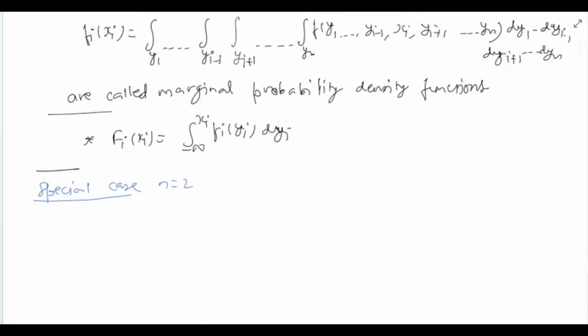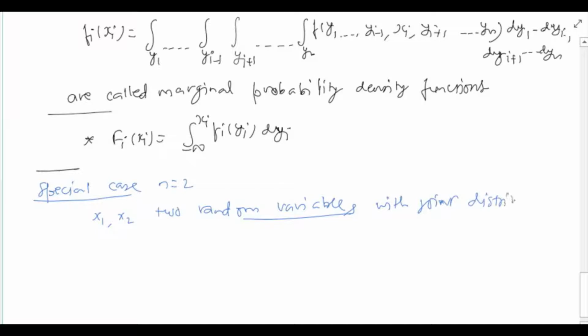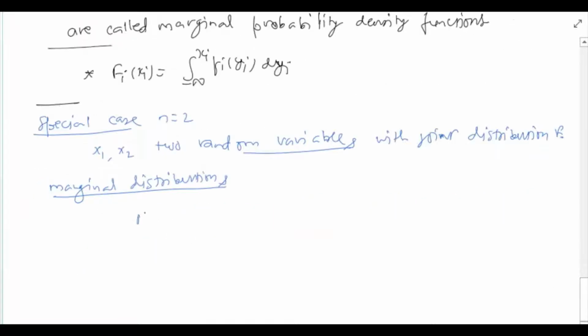So in this case, if x1, x2 are two random variables with joint distribution capital F, then we can write the marginal distributions capital F1 and capital F2 as follows.